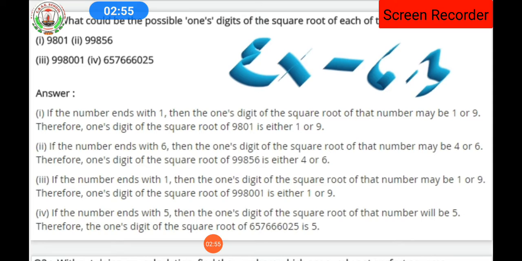So either you can do it by this shortcut method which is on the screen, or apply any method like prime factorization and find out.